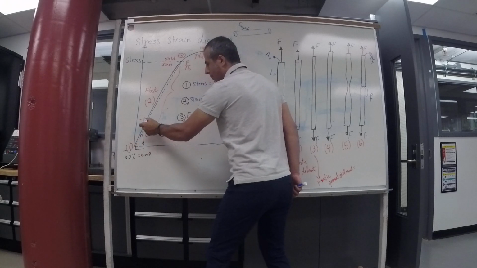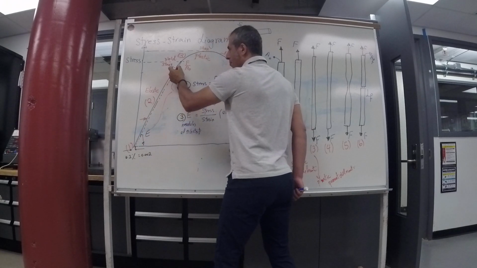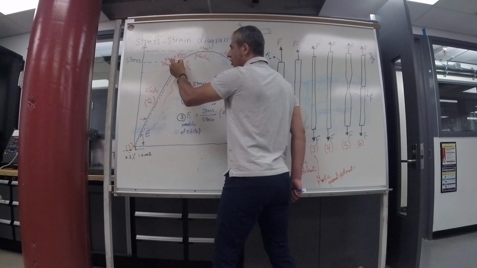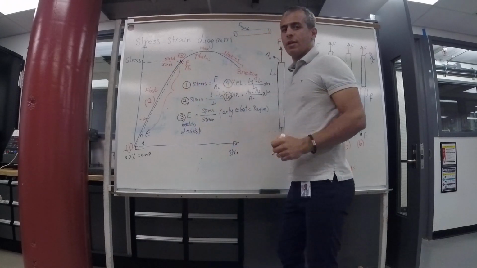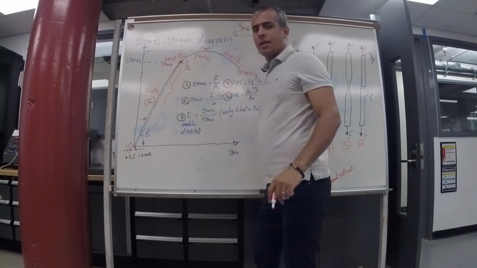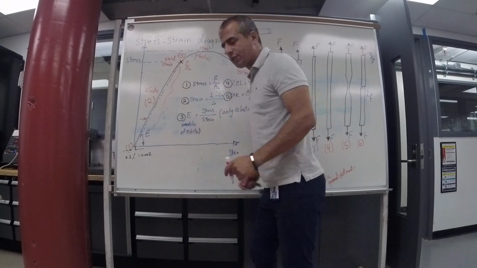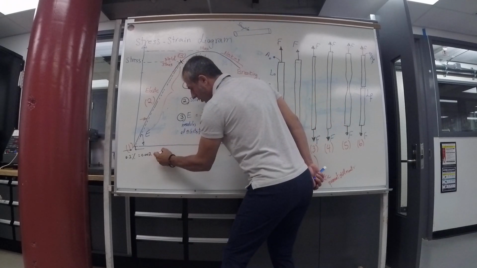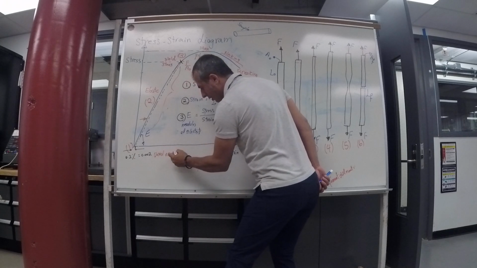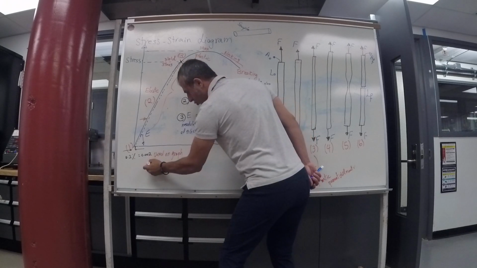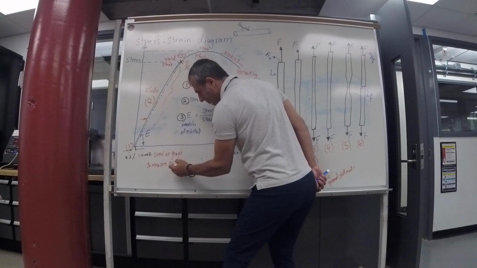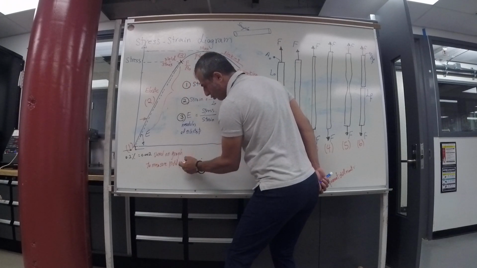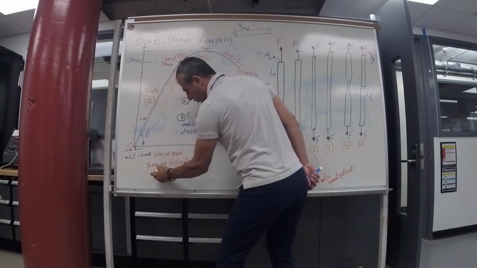The dashed line continues, and at some point it intersects our curve. This point is yield. So the 0.2% offset is used on a graph to find yield.